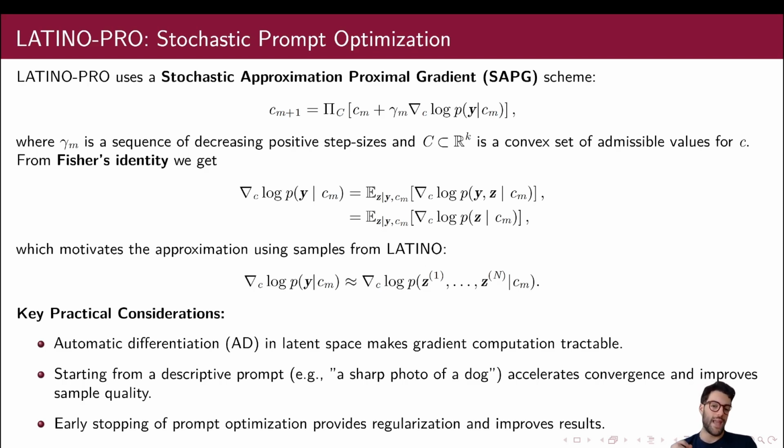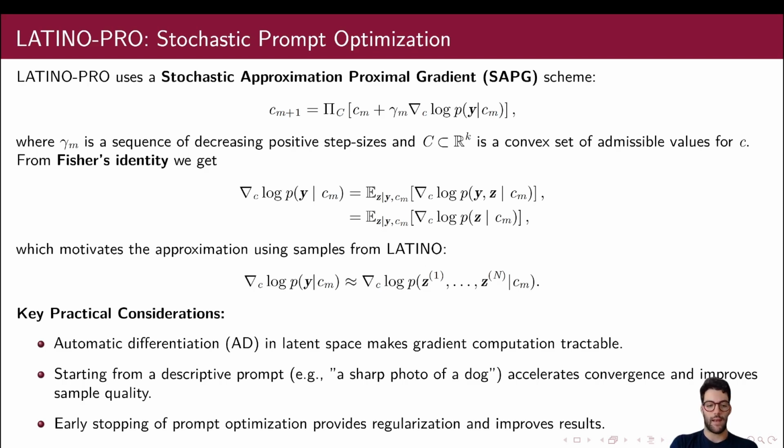So what we do is that we take this expectation and, instead of computing different samples with Latino in a Monte Carlo way, we leverage the intermediate samples. This formulation, even though it's an approximation, is very useful because in practice it leads us to a closed form that we can leverage in the algorithm without adding more computational load.